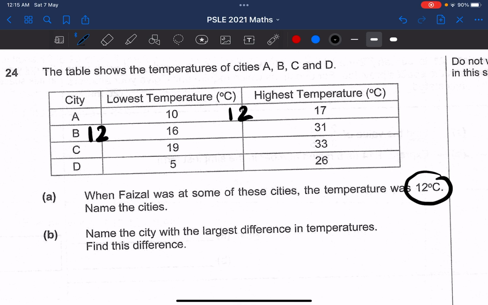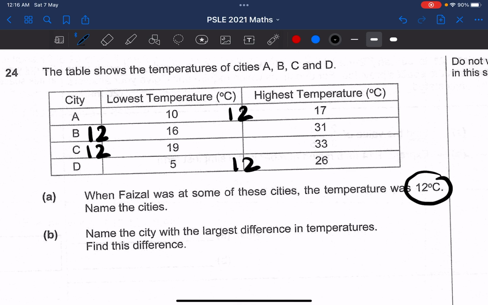Because 12 cannot be in the middle anymore. It has to be somewhere lower than the lowest temperature. Okay, let's look at city C. 12 is also out, because your lowest is 19, 12 cannot be in the middle. The next one, city D, between 5 and 26, 12 is here, right?